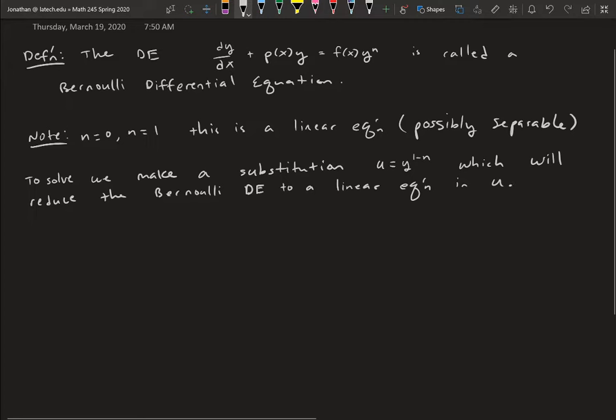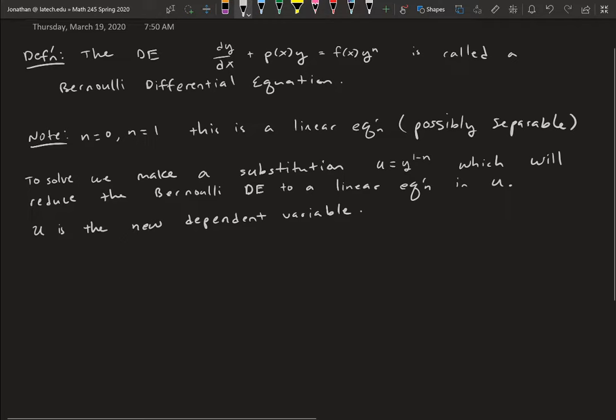So u becomes the new dependent variable.